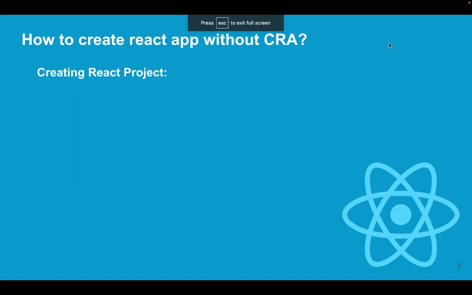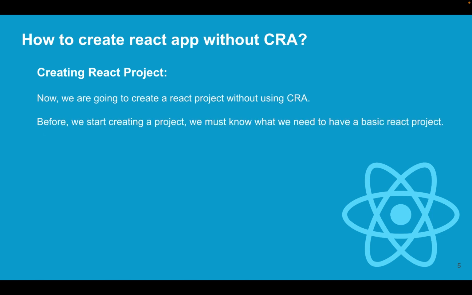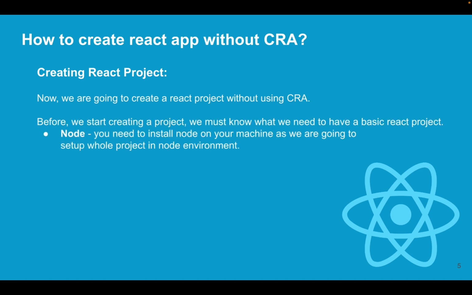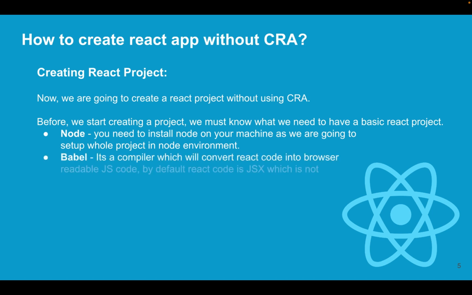So now we are going to create a project without CRA. Before creating the project, we must know what we require. As our whole project is going to run in the Node environment, it is important for you to have Node installed on your machine. Next is Babel. Babel is basically a compiler which converts the React code or JSX to browser readable JavaScript.